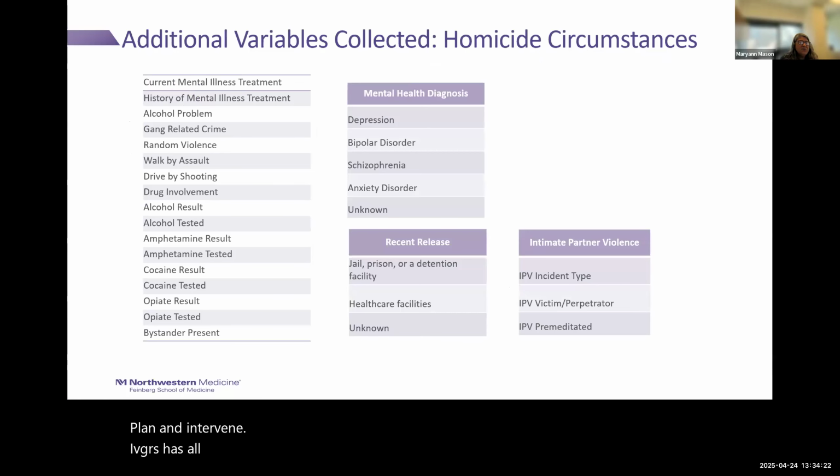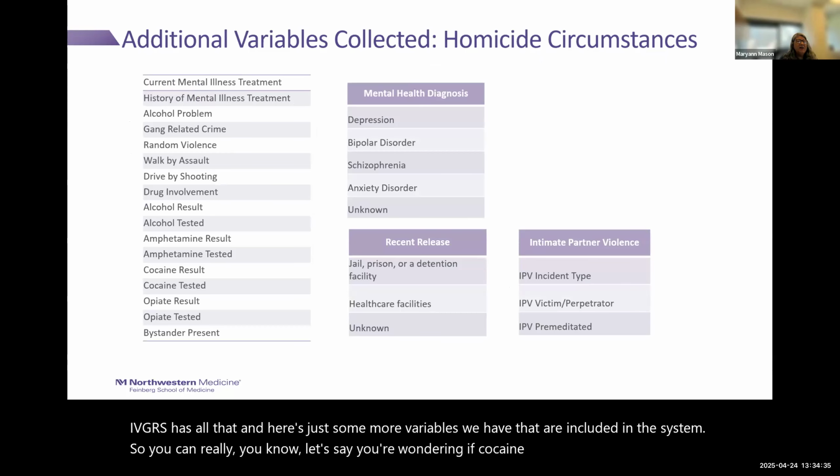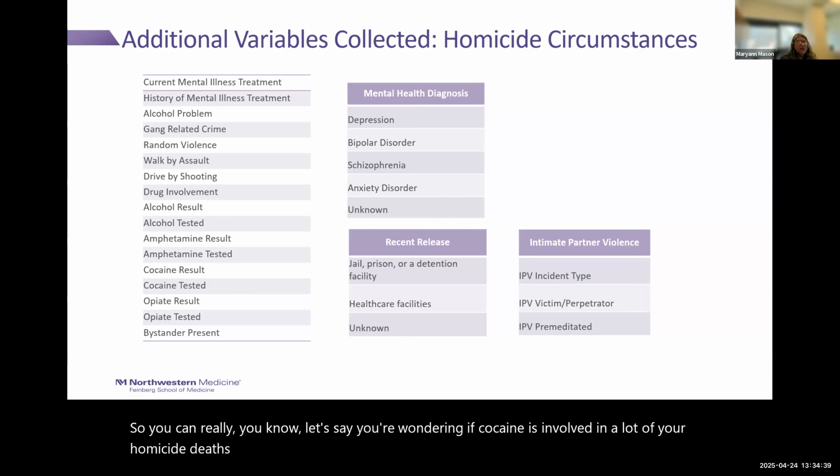And here's just some more variables we have that are included in the system. So let's say you're wondering if cocaine is involved in a lot of your homicide deaths. You can actually look into that. You can know what percent of your victims were tested and what percent of those tested were positive, those sorts of things.